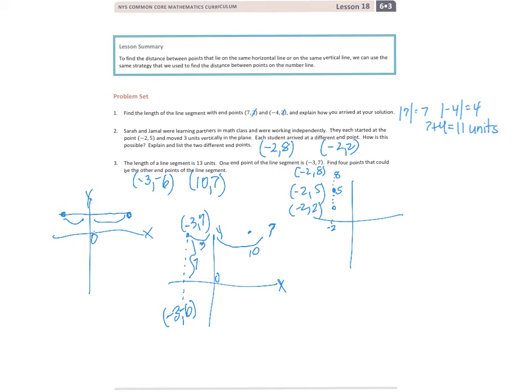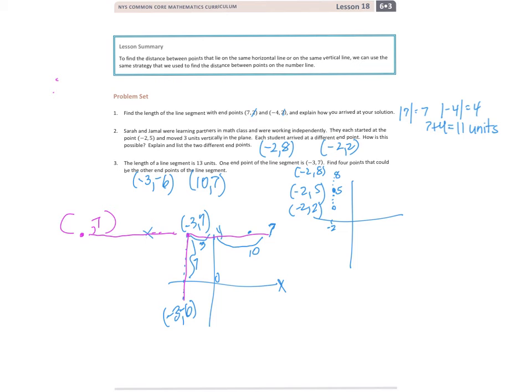Then let's see another point. If I went this way, I could also go this way, couldn't I? If I erase this section, I bet I could extend out. So it's going to be something, 7.